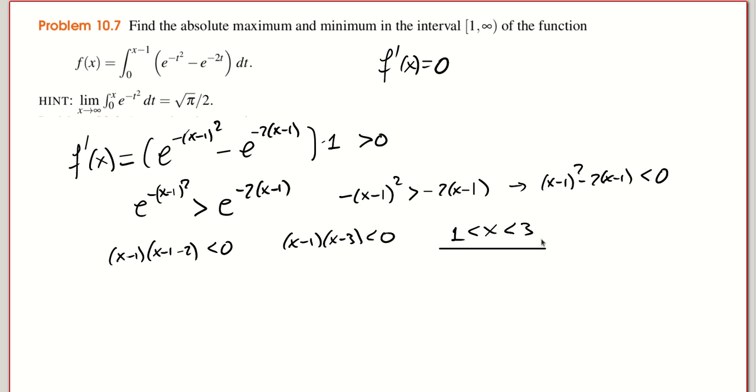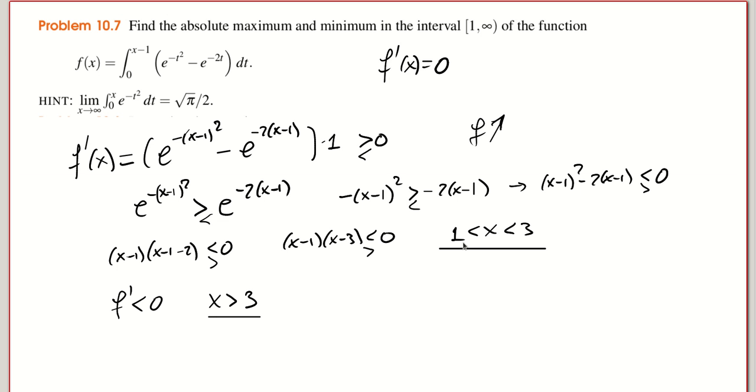Okay, so this derivative is positive, and therefore the function is increasing, all right, if x is within this interval, between 1 and 3, right? Okay, now if we change the inequality here, then we change the inequality here, also here, also here, and here, and we have the opposite, which means that f prime is negative if x is larger than 3, right?